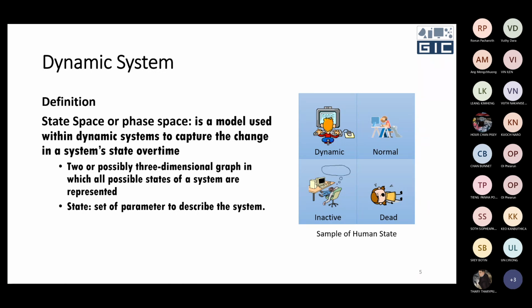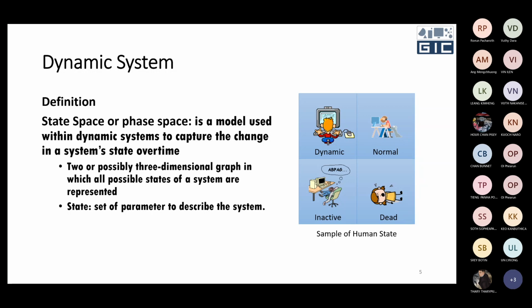The other way you can give the definition of the state is the set of parameters to describe the system. As you see in the figure, I try to describe the state of the humans. We just give only four states of human. It's not like a real one, because the human state can be more than these, but I just pick only four. Like you see, the first one is dynamic, it's one state of the system. The other one is normal, which is one state of the human.